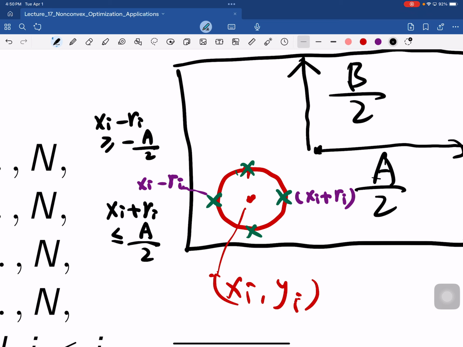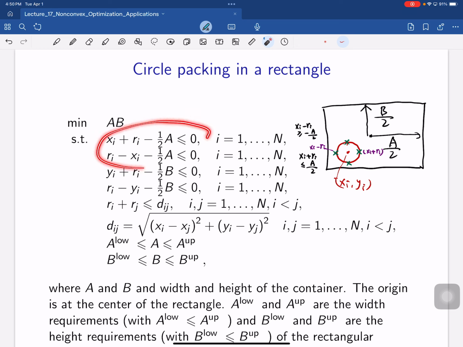Then these 2 points will stay within the rectangle. And similarly, you can do it for the y-axis, right? I will not dwell on that. So basically you got these 2 constraints, and then for the y-axis, you got these 2 constraints. Okay. Now the other thing is the non-overlapping constraint I did before, right?